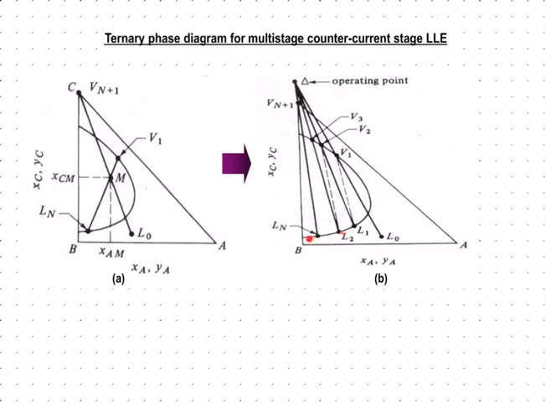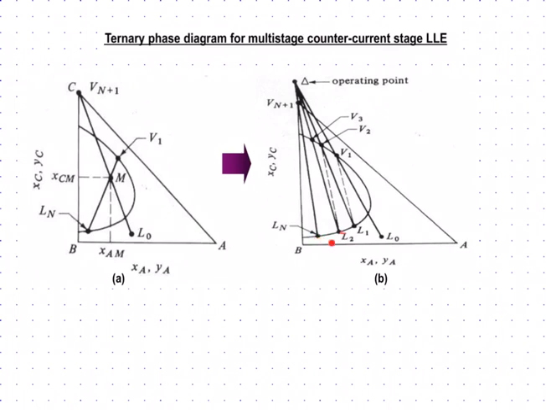Okay, because you know they are in equilibrium. Just to know your composition, or just to know your mass fraction of your raffinate for the solute, you just draw a vertical line until it's intercept the equilibrium curve. So that will be the point for Ln.